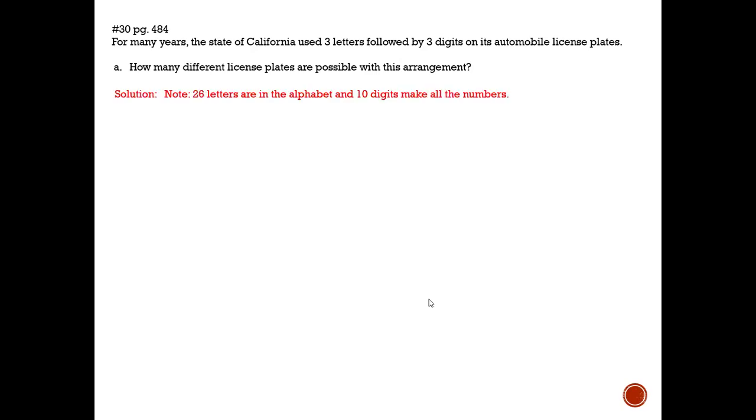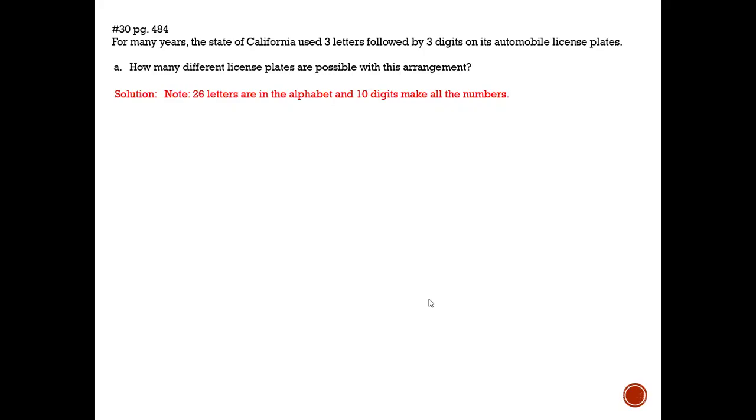Okay, but going back to more examples from your book. This is coming from number 30. For many years, the state of California used 3 letters followed by 3 digits on its automobile license plates. How many different license plates are possible with this arrangement? Again, remember, there's 26 letters in our alphabet, and for digits, there's 10.